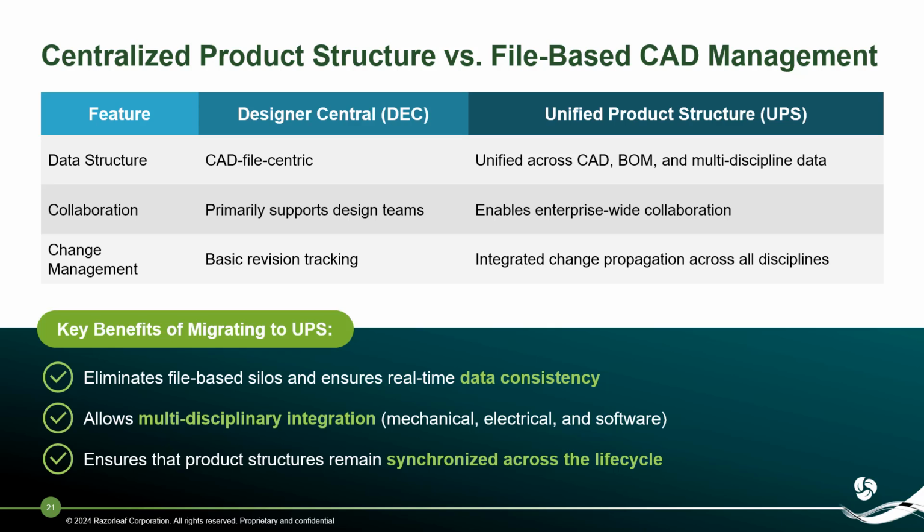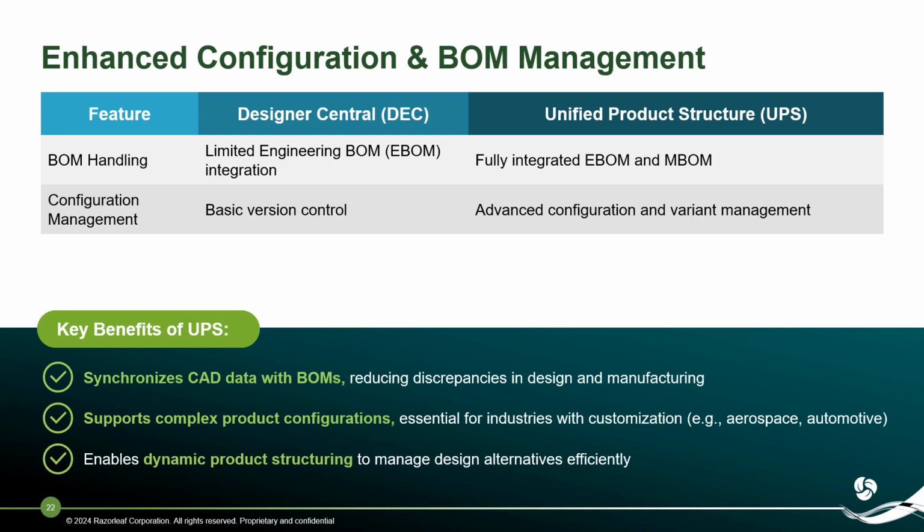The key benefits of doing it: it eliminates file-based silos and ensures real-time data consistency. Multidisciplinary integration from mechanical to electrical to software, simulation as well. So it ensures that product structure remains synchronized across the enterprise and life cycles.